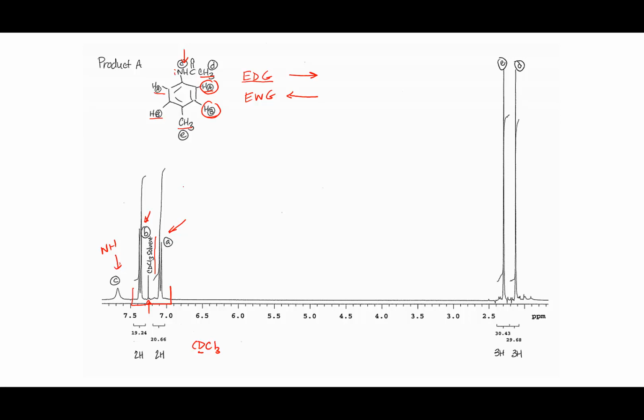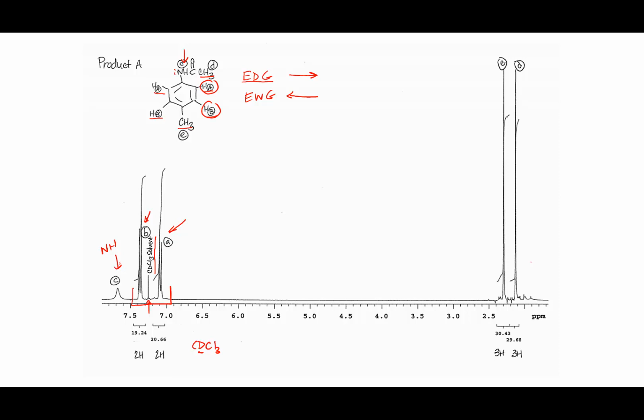You'll see there'll be a change in chemical shift here in a moment as we change these different groups around. So what we have is a pair of doublets for the para-disubstituted benzene ring, an NH, and then two methyl groups.